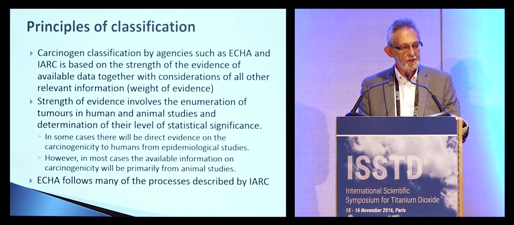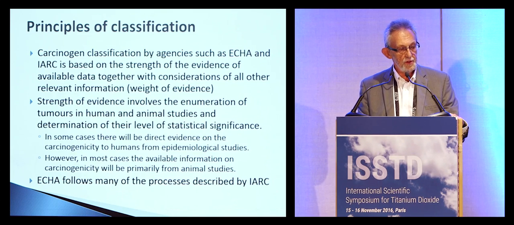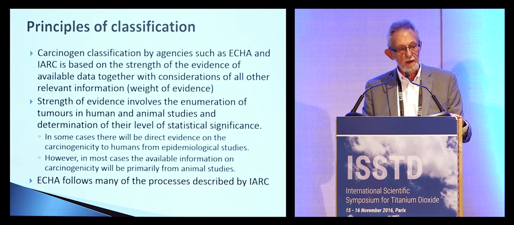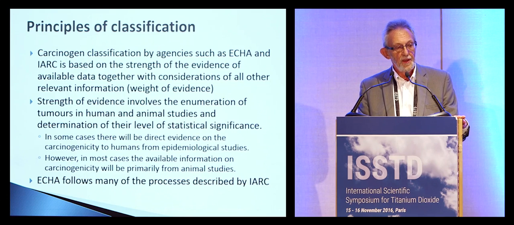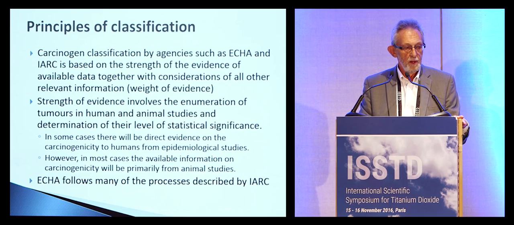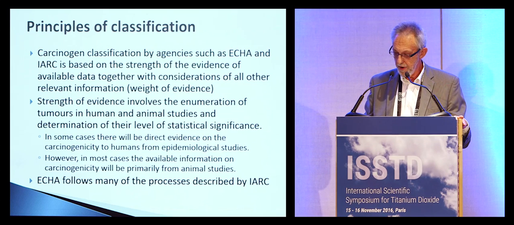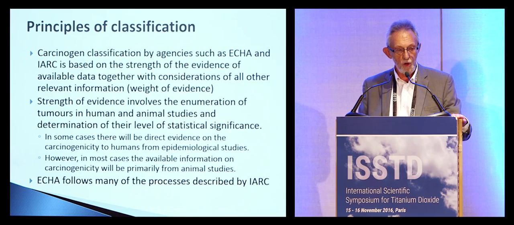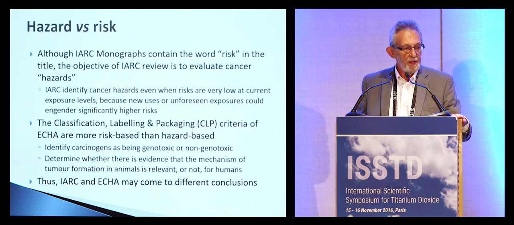So in most cases, the available information on carcinogenicity will primarily be from animal studies. And one key point is ECHA quite clearly states that they follow many of the processes described by IARC. So the next few slides are going to deal more with what IARC says.